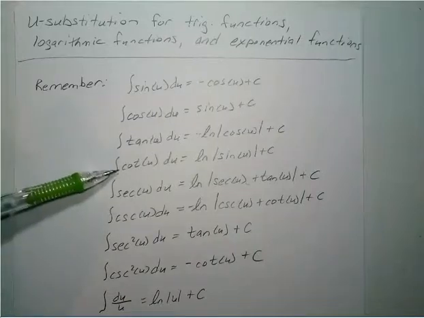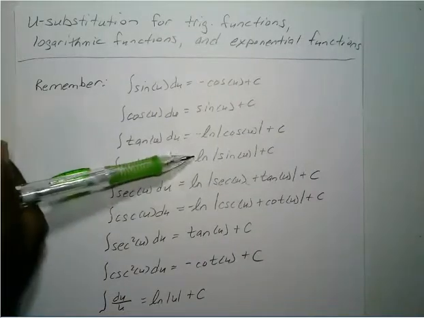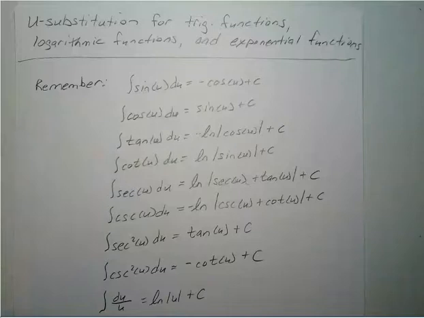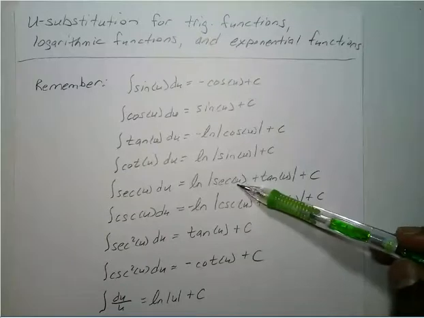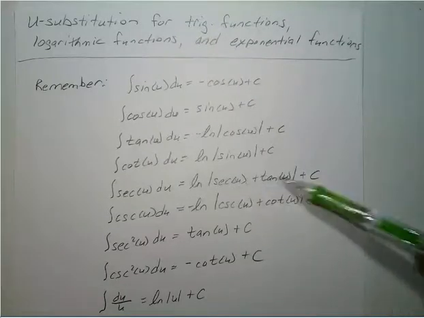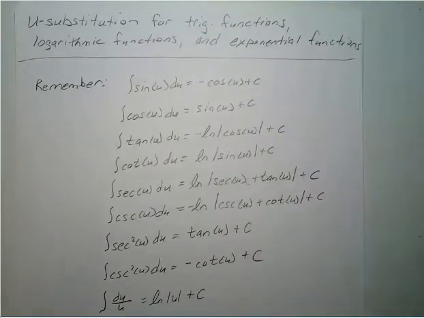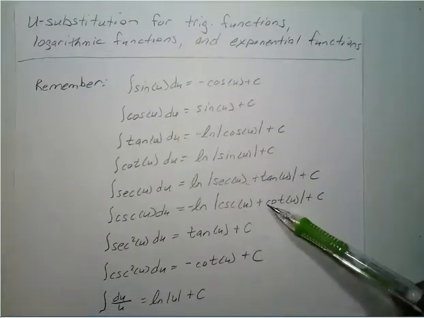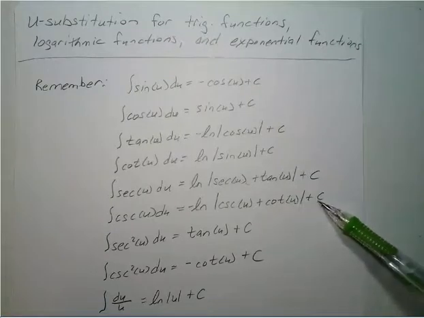The integral of cotangent is natural log of the absolute value of sine of u. The integral of secant is natural log of the absolute value of secant u plus tangent u plus c. The integral of cosecant is the negative natural log of the absolute value of cosecant u plus cotangent u plus c.